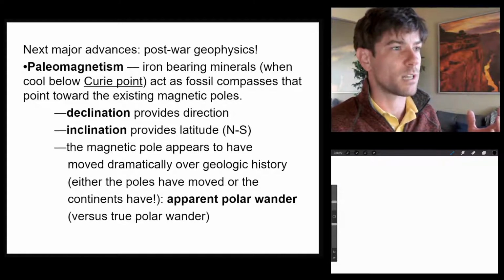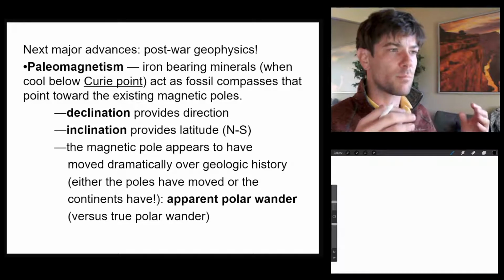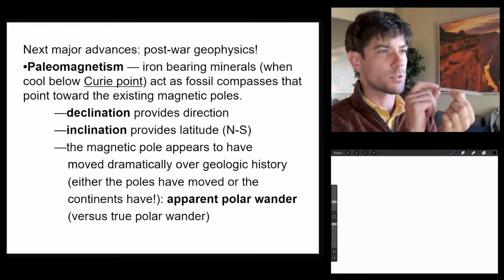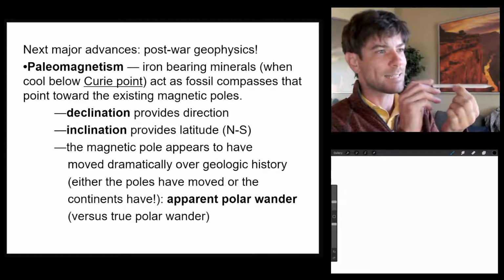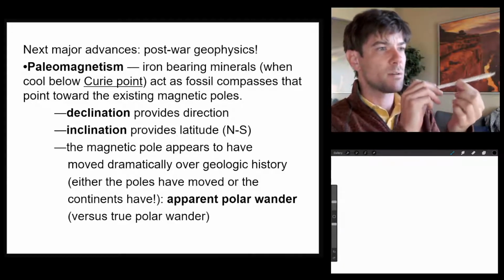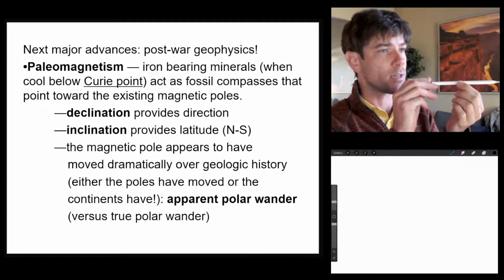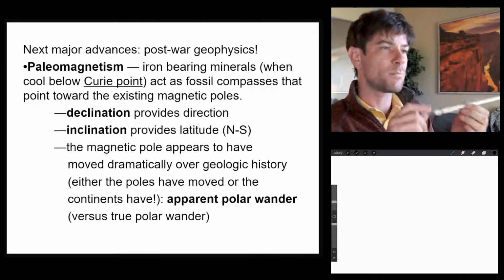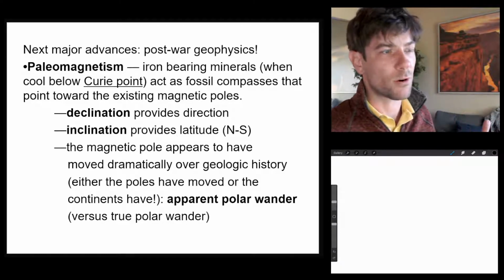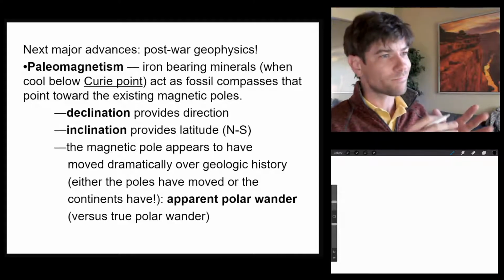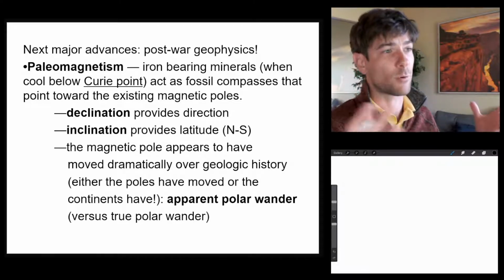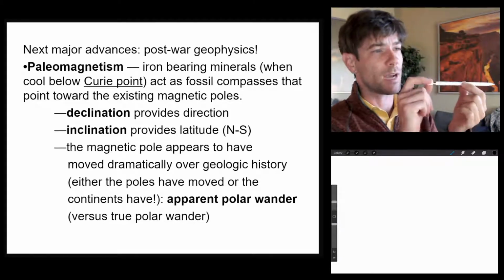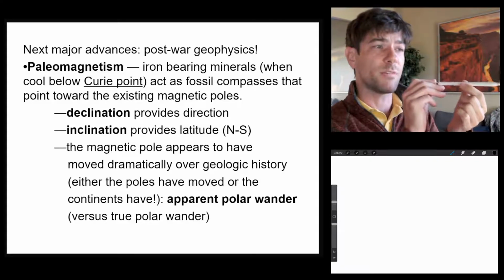As those minerals begin to crystallize, they grow in preferred directions. Also, the iron within those minerals, when it's very hot, has the ability to move around kind of freely. But as it cools, it begins to crystallize and be locked into position. Okay, and so if you take a molten magma or a lava that has a lot of iron in it, and you put it in a magnetic field, which exists everywhere on the planet, when it's hot, all of the iron in those iron-bearing minerals will align with the magnetic field, okay?